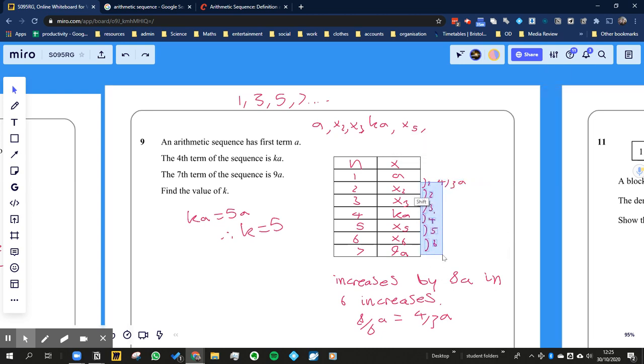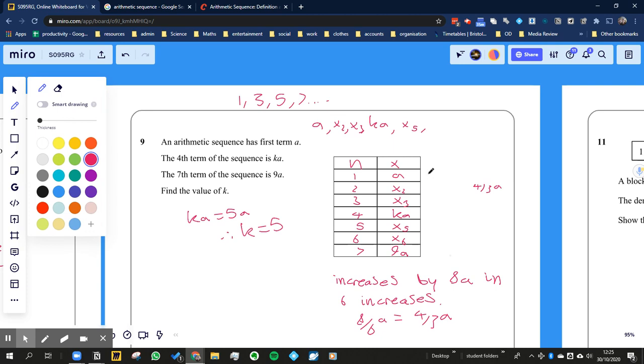Let's get rid of that bit there, because we don't need it anymore. I'll move this bit first, and then delete that. We know the first one was a. We're going to rewrite x2 as a plus 4/3 a. I'm going to pause the video and write those in.